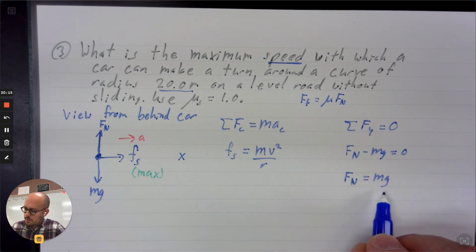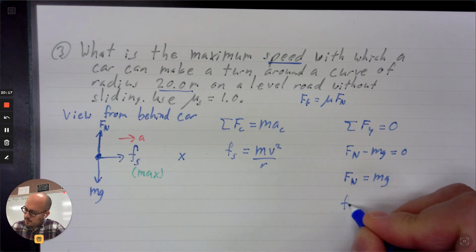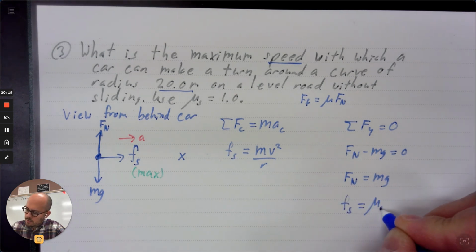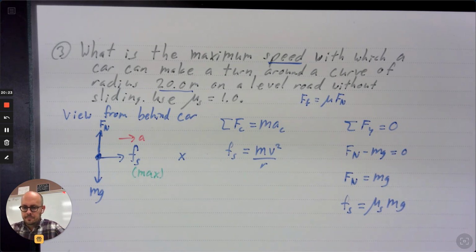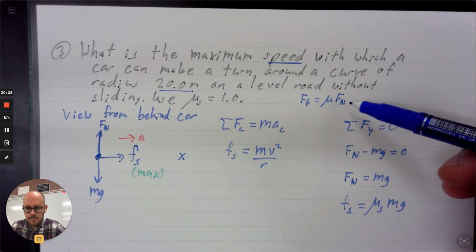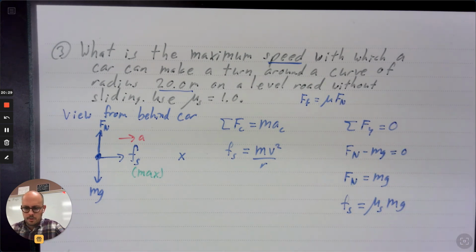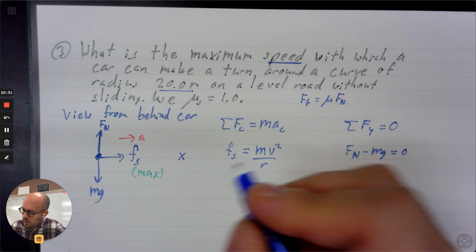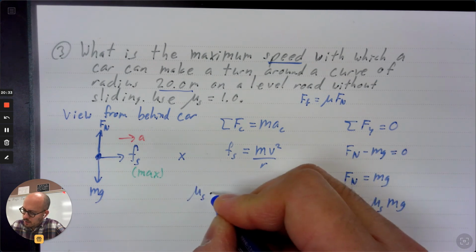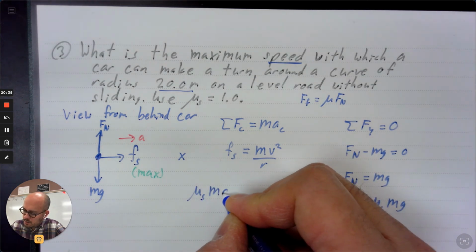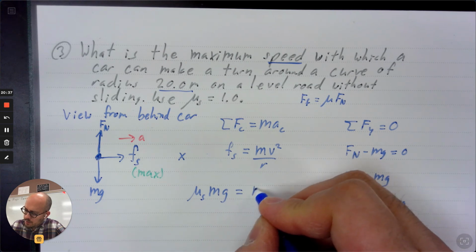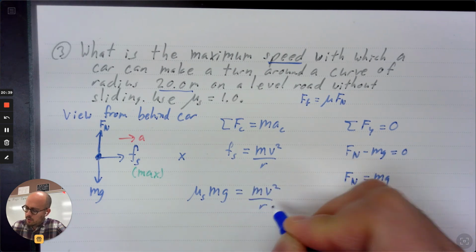If the normal force is equal to mg, then the static friction force is going to be equal to mu mg, because we are using the maximum static friction force, and so it's mu times normal force, which is mu mg. So I substitute, and I say static friction coefficient times mg equals mv squared over r.